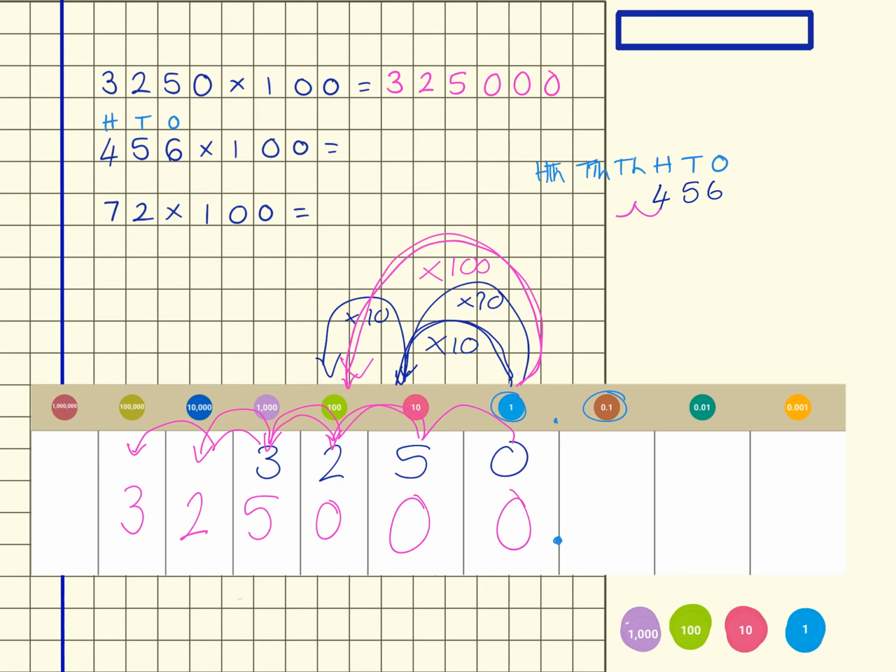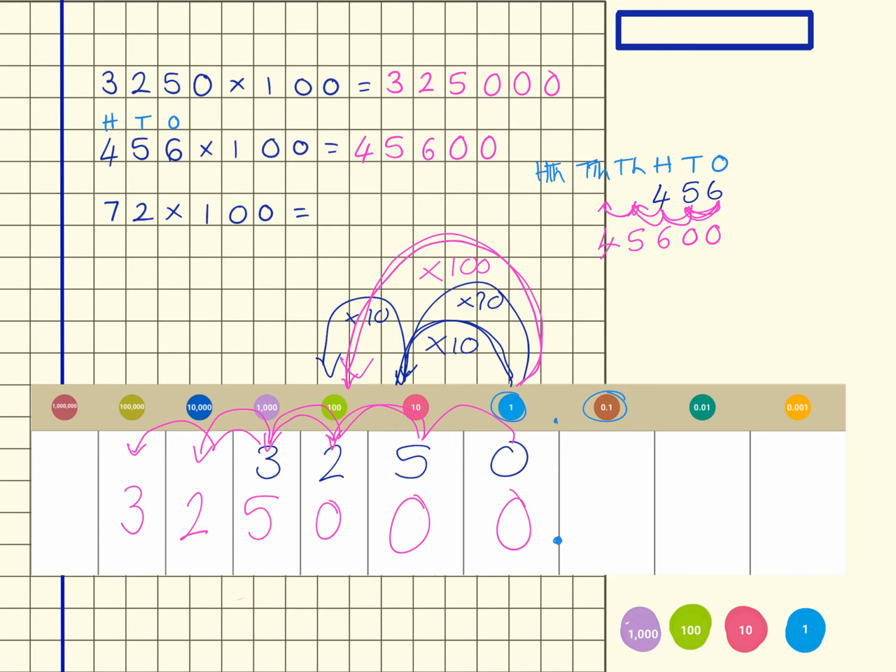So 1, 2, so it's going to move to here, 1, 2, so it's going to be right next to it, 1, 2, right next to it, and then the 2 zeros go in the 2 places here at the end where we have moved those digits. So we end up with 45,600.